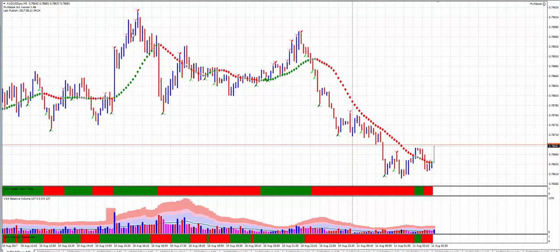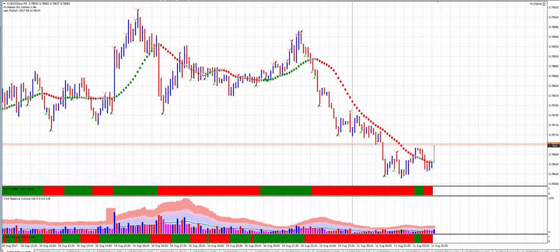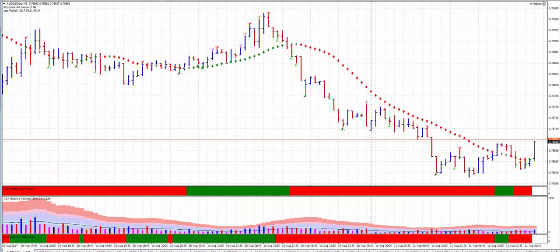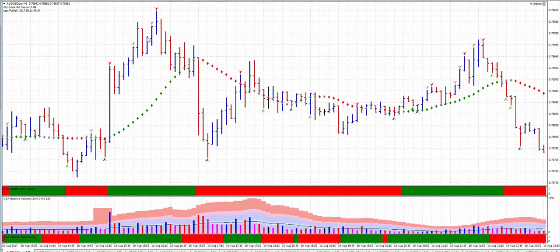Okay, but if I zoom in here, look at where the bar closes. Right? It closes towards the middle of the range. So to me, that is weakness.